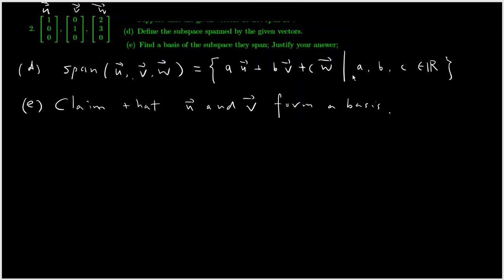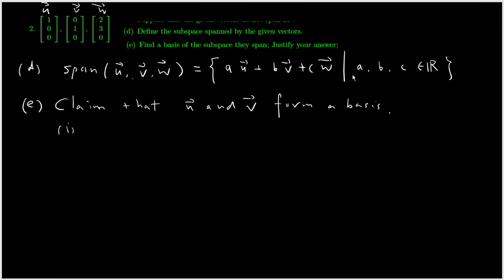You have to do two things. U and V are linearly independent, so that's one condition, right? The other condition is a little bit harder. We want to show every vector in the spanning set is a linear combination of U and V. So this time the first condition I want to verify is U and V are linearly independent.